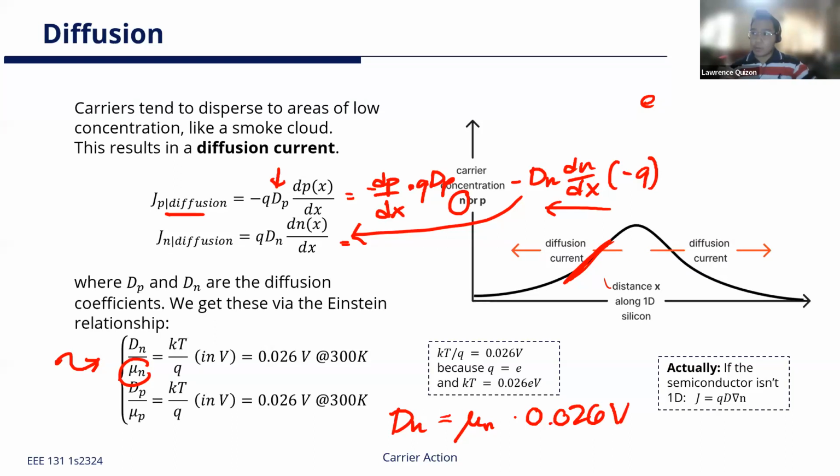All right, so I hope that makes sense, no? That this one is just a magic equation na binigay sa atin ni Einstein, and we're going to make the most of it by analyzing the units, no? So this is cm squared per volt second times volt, meaning that the diffusion coefficient is actually cm squared per second, no? Now, this is left as an exercise to the reader, but apply that to this, no?